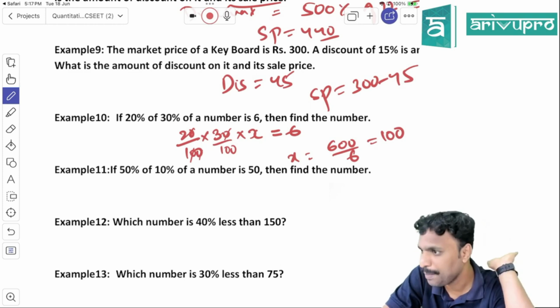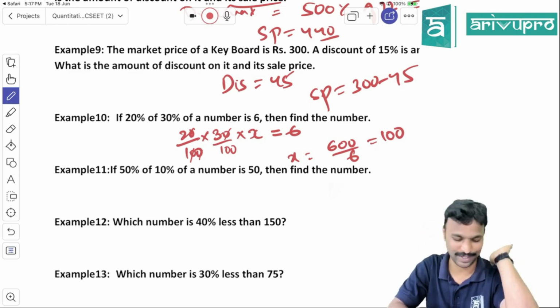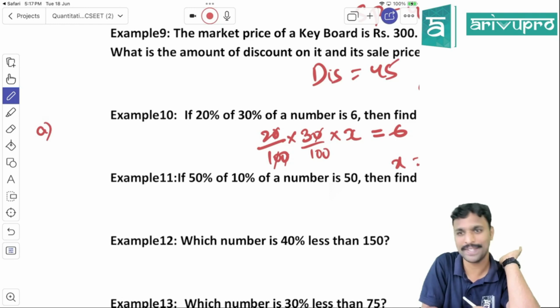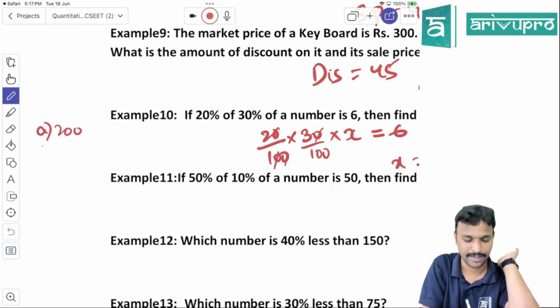This is one more way. I'll give you another way. Options will be given to you always. Say 200, say 300, say 100, and none of this.